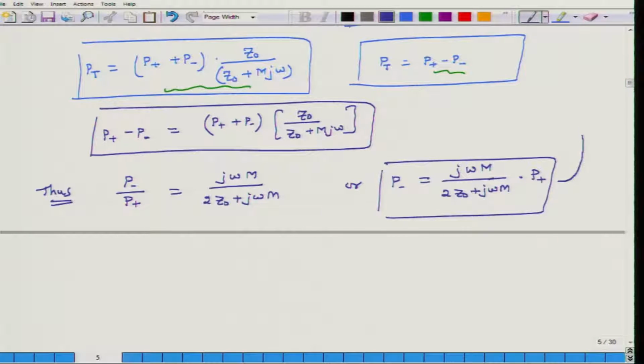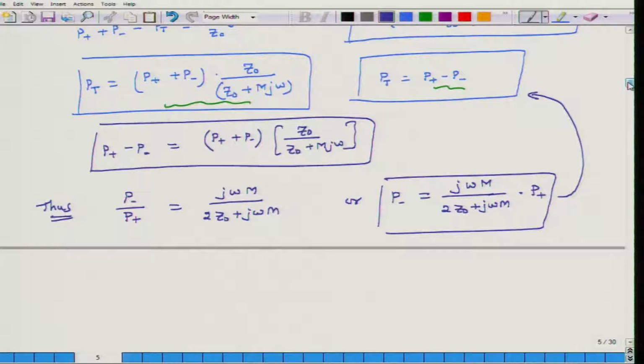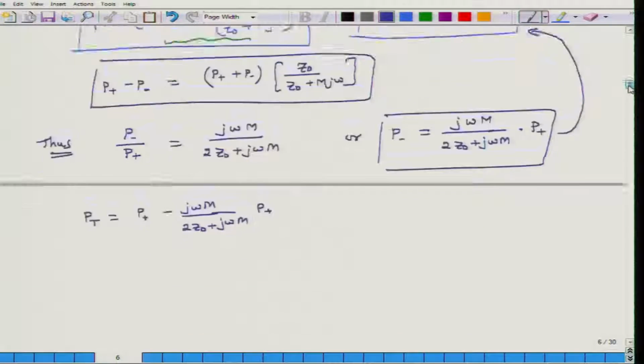So, what I do is I put this back in this relation. So, what do I get? Yeah. So, what I get is Pt equals P plus minus P minus, and P minus is j omega m divided by 2 Z naught plus j omega m times P plus.